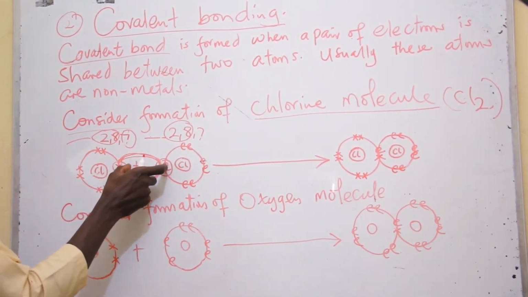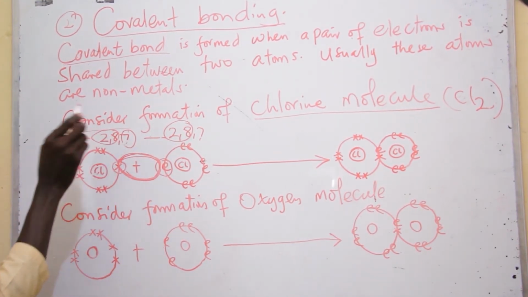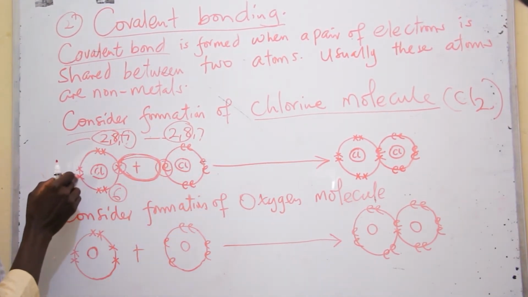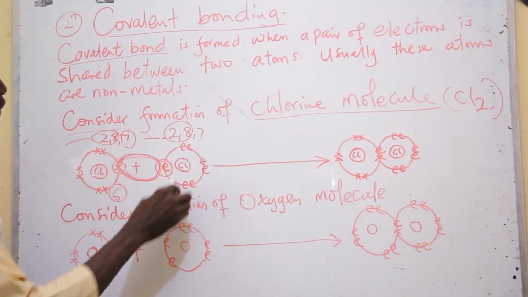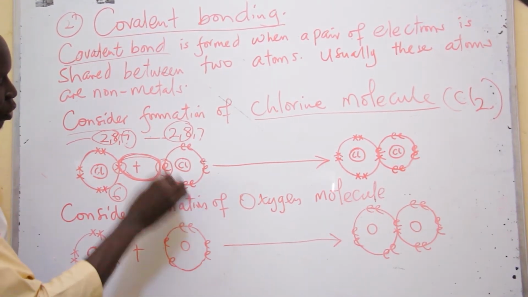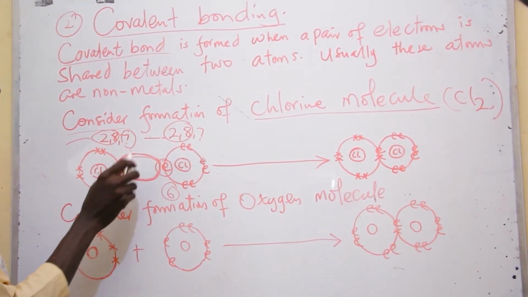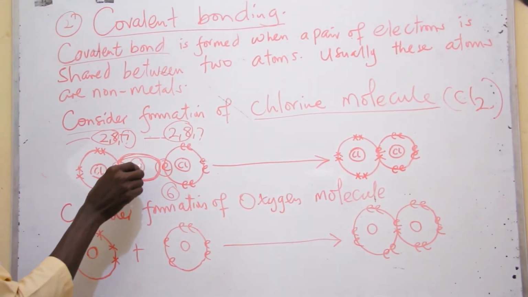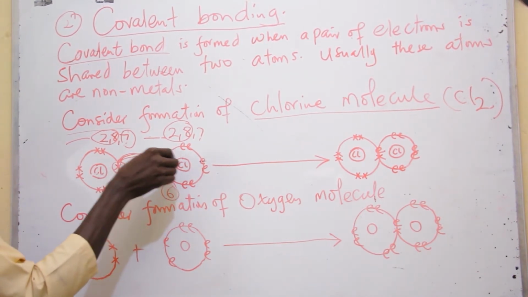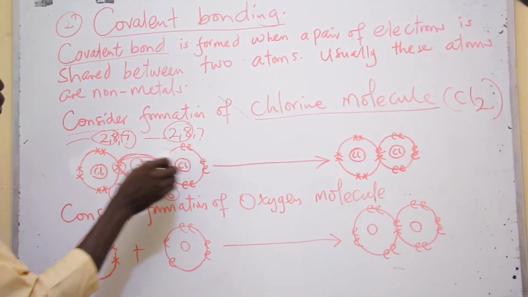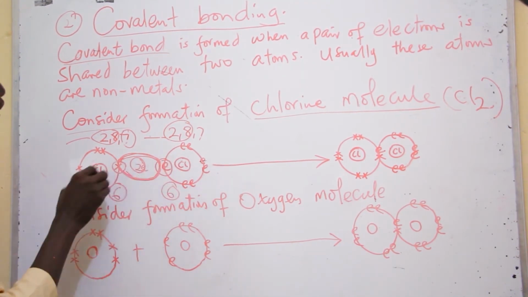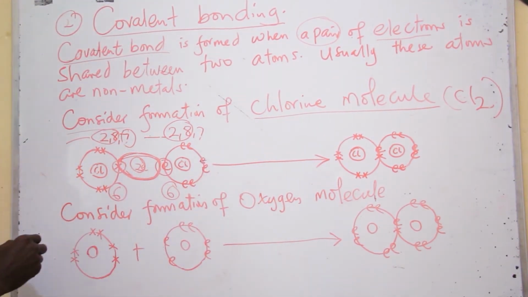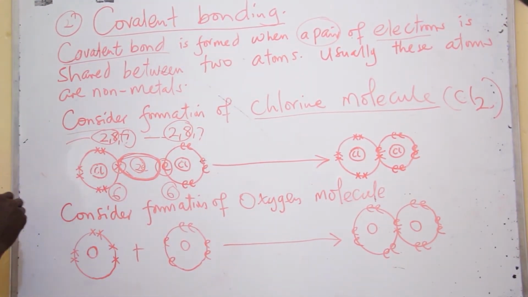When contribution is done, the outermost is left with 6 electrons for this chlorine atom. Even here, the outermost will be left with 6 electrons, meaning we shall have 2 electrons in the middle. These 2 electrons in the middle are going to be shared between the 2 chlorine atoms. That's where the definition comes in: a pair of electrons is being shared between the 2 atoms.